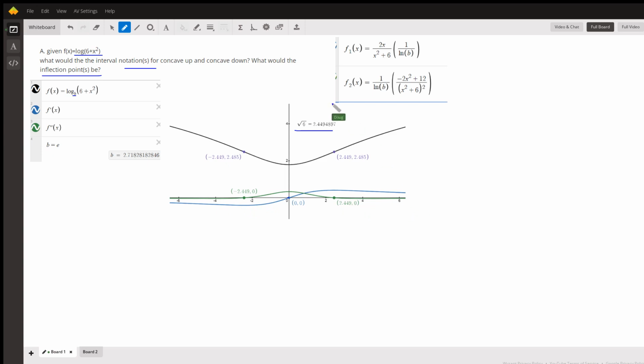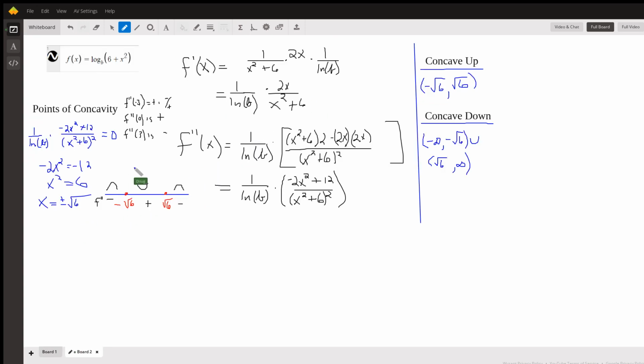So these are the points of inflection right here, the square root of 6 and f of the square root of 6, and negative square root of 6 and f of negative square root of 6. Okay, and these are the first and second derivatives instead of using the Desmos prime notation. So let's see how we did that.